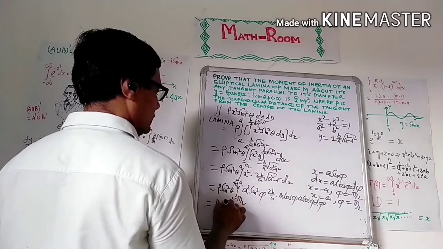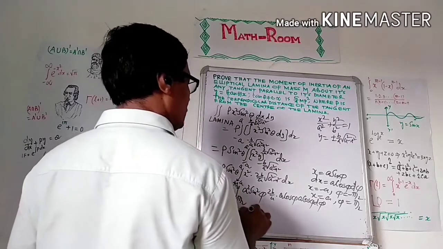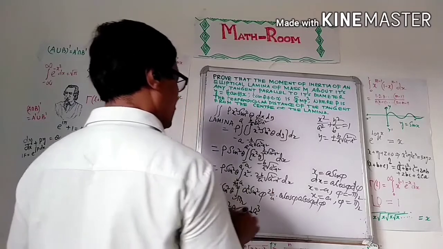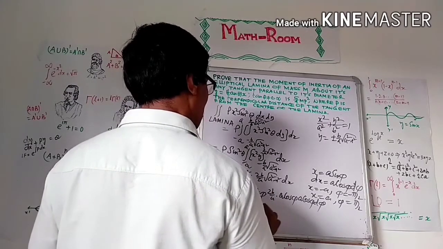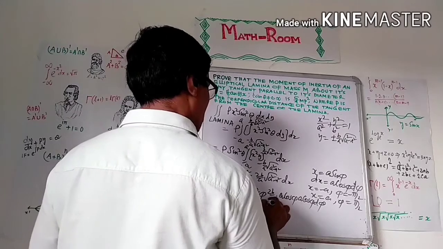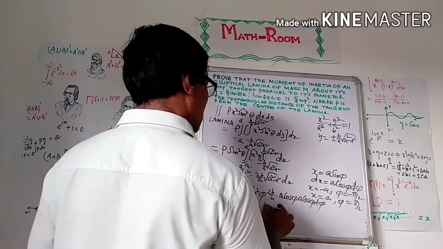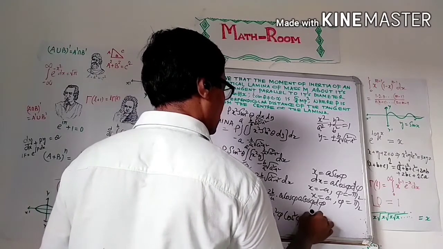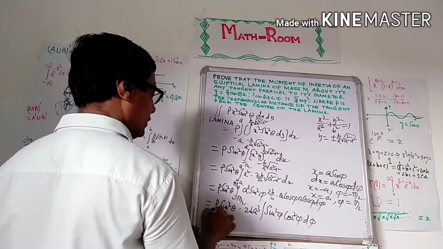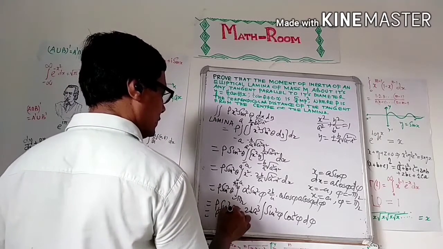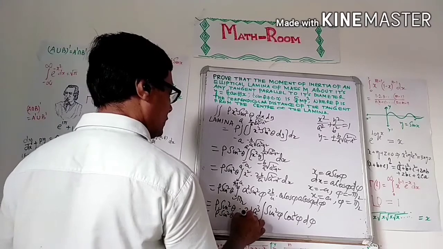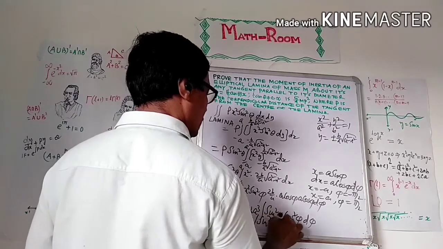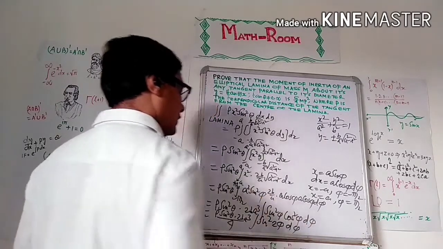So rho sin square theta into 2b a cube into sin square phi cos square phi d phi, which is rho sin square theta into 2b a cube over 4 into sin square 2 phi d phi.